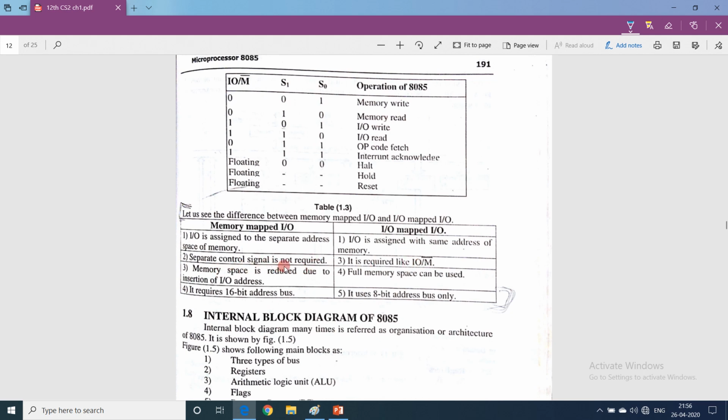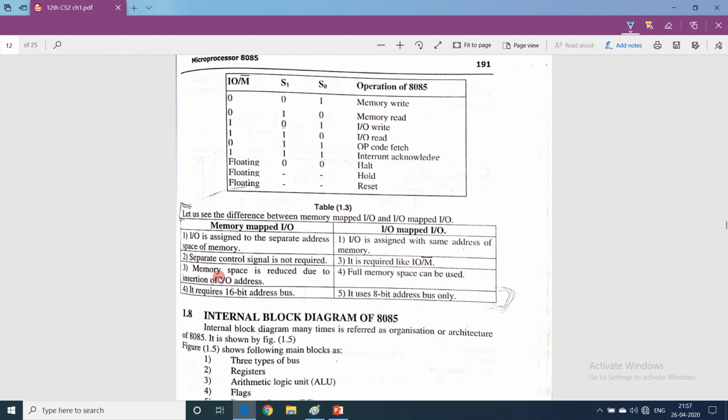Separate control signal is not required in memory mapped IO. It is required in IO mapped IO, which is IO/M bar, which determines whether the address bus is for an input output device or for memory to store the data. In memory mapped IO, memory space is reduced due to insertion of input output addresses, because memory space is fixed.